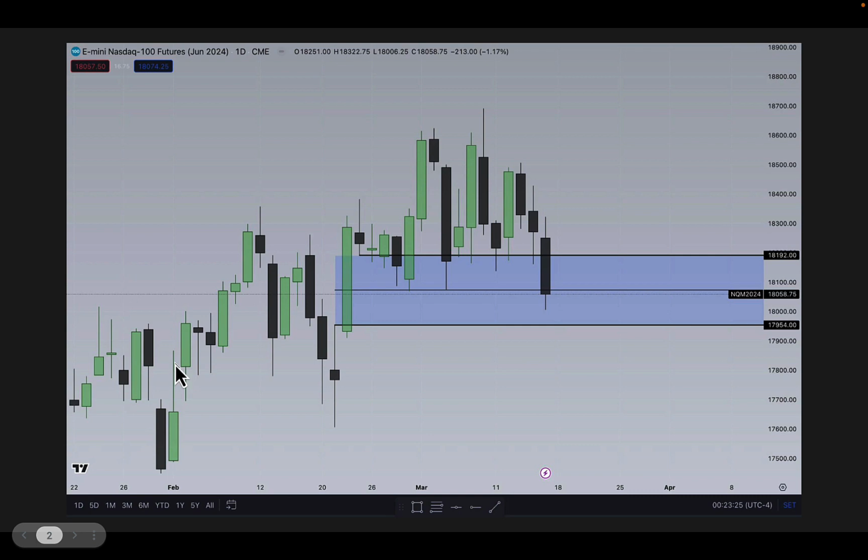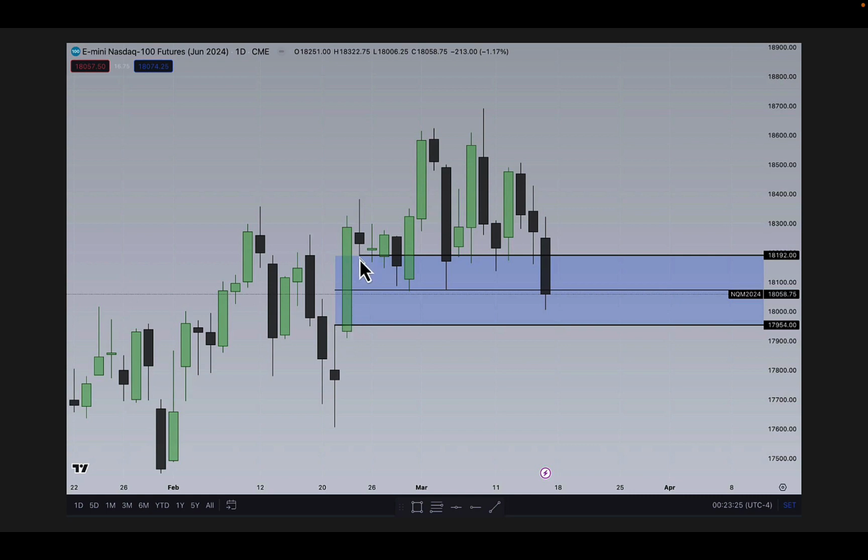Okay, so going back, this fair value gap right here. What makes this a fair value gap? It's a 3 candle pattern. From 1, 2, and 3, where there is no overlap of wicks or bodies, it just leaves a patch in price. That is your fair value gap.